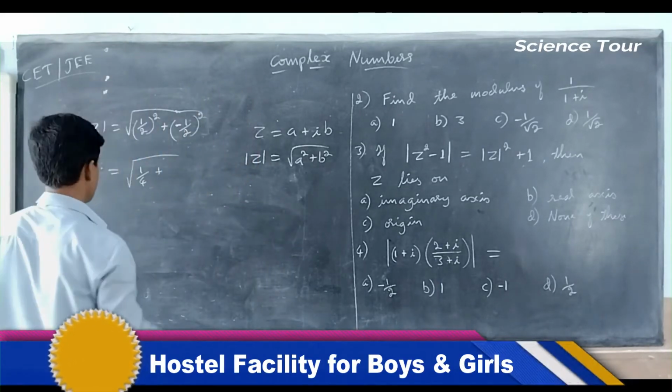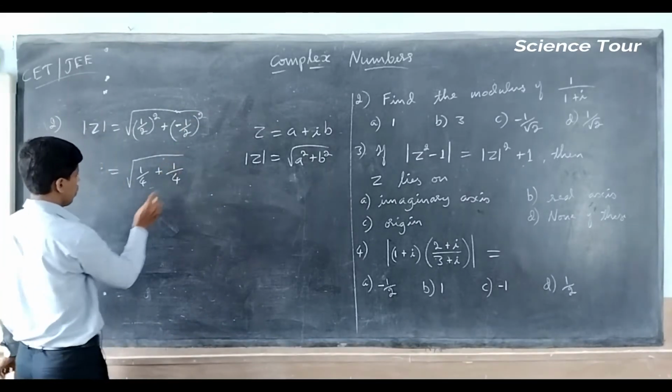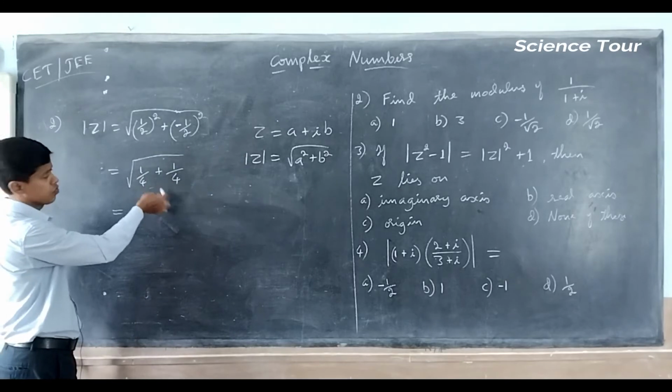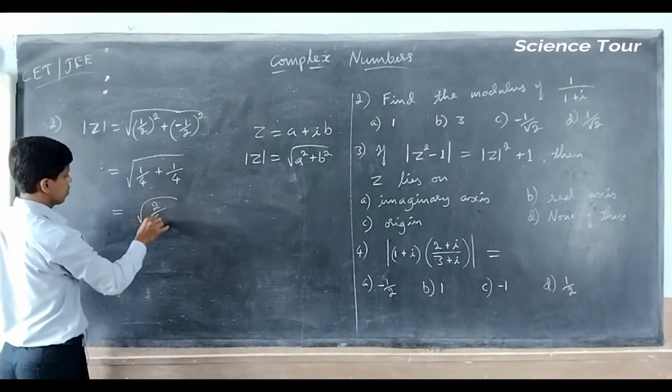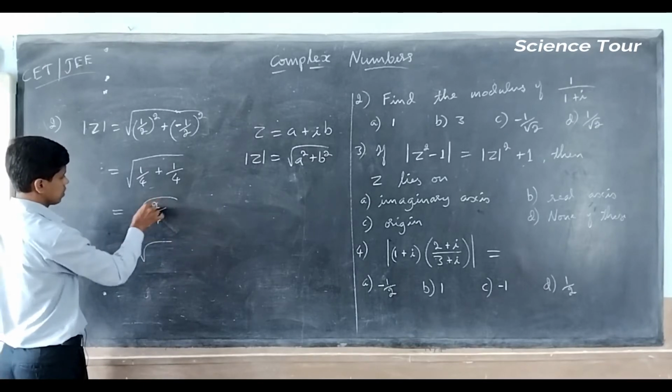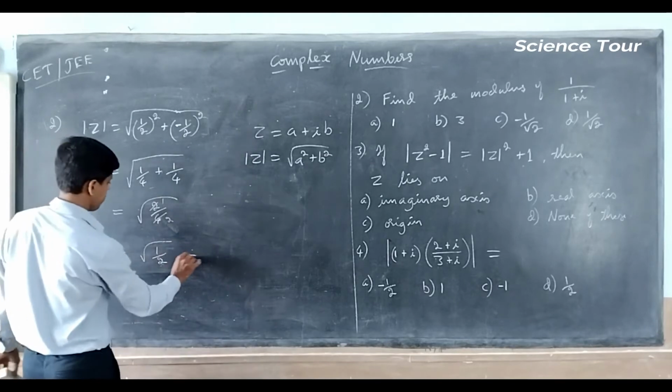So that is plus, and 1 square is 1 and 2 square is 4. If you take LCM 4, 1 plus 1 is 2, so 2 by 4, and therefore it is root half.